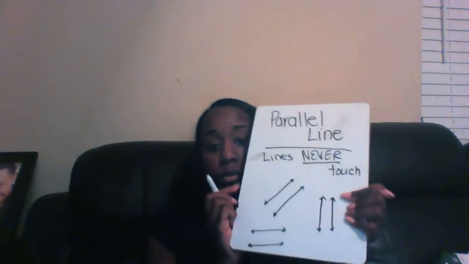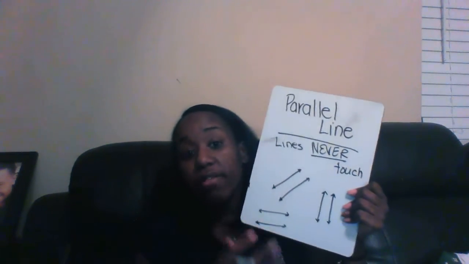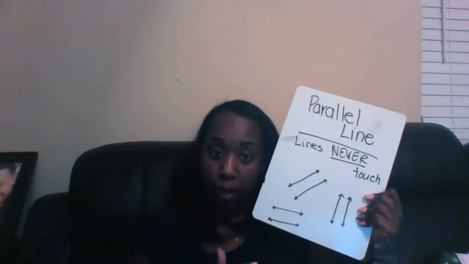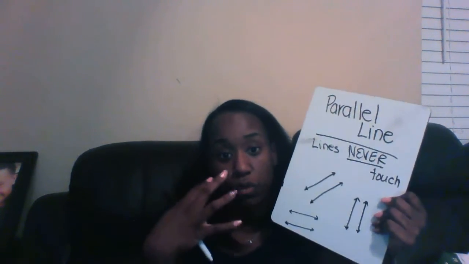Some examples, I'm not terribly perfect at it, but they will never touch. Okay, so these are two lines, two or more, because you can have more than two, that will never touch. They are equal distance from each other.